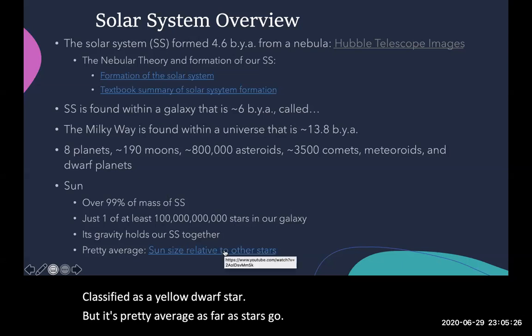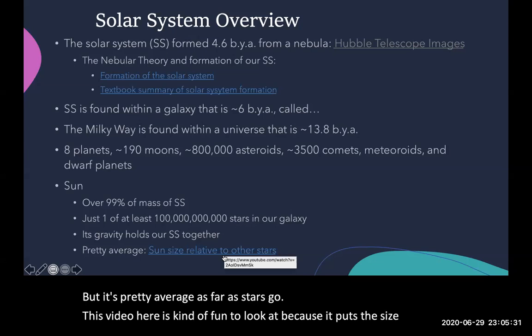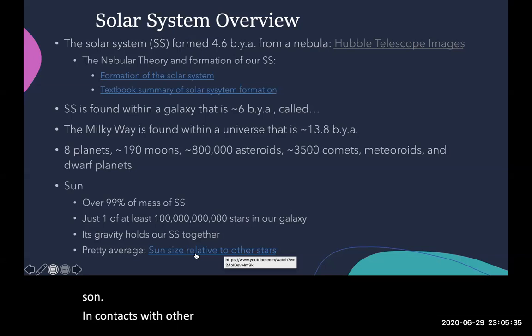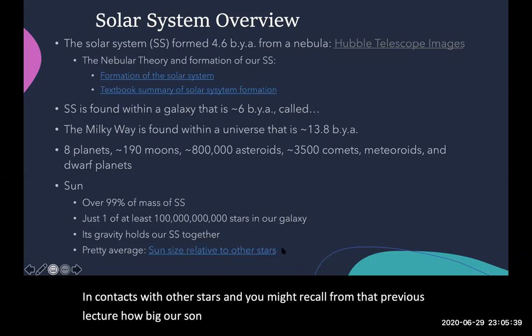This video here is kind of fun to look at because it puts the size of our sun in context with other stars. And you might recall from that previous lecture how big our sun is relative to the size of the planets.